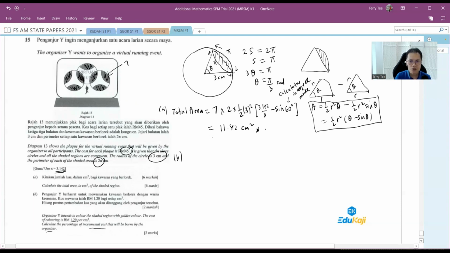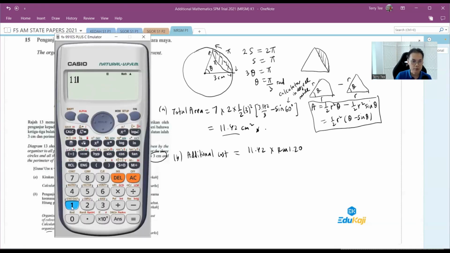So the additional area that you have to color with golden color is this. Should I say additional cost? Additional cost will be 11.42 multiplied by 1 ringgit and 20 cents each.